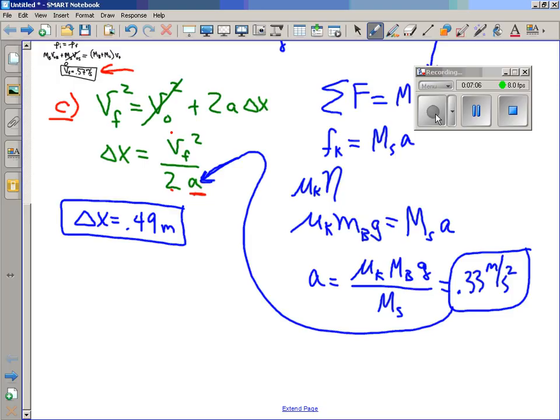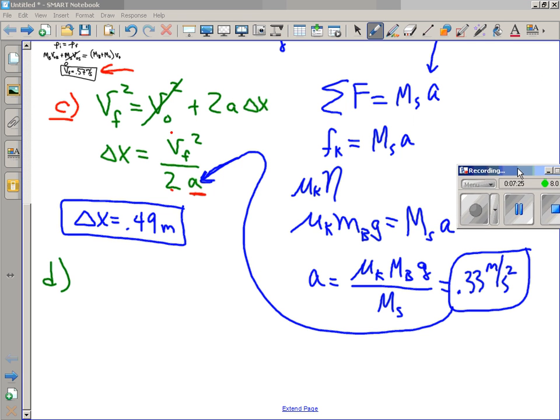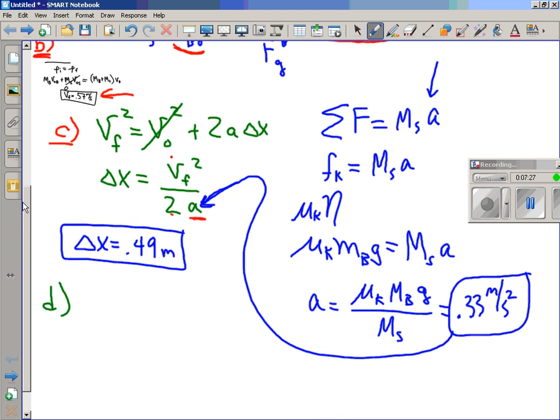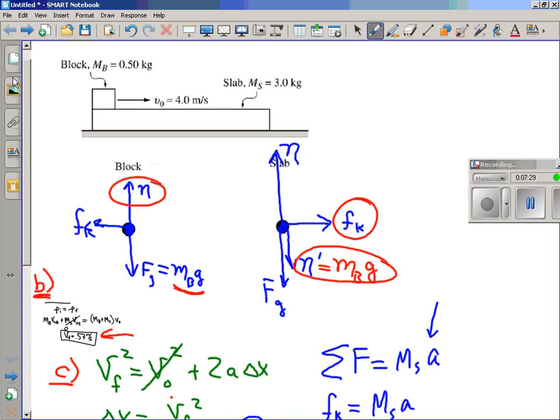For the last part, part D, you're asked to find, let's see here, calculate the work done by friction on the slab from the beginning of its motion until it reaches velocity final. Well, since friction, and remember here, friction is what's causing the slab to start to move.